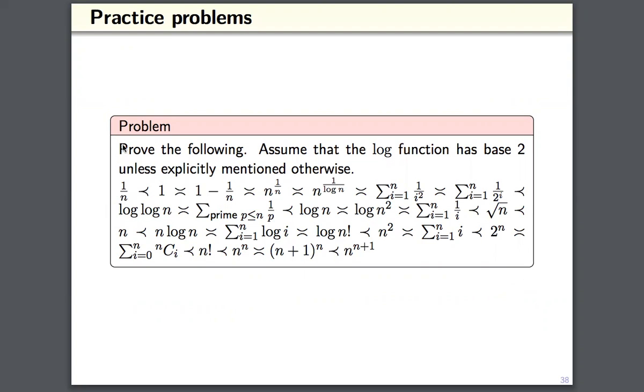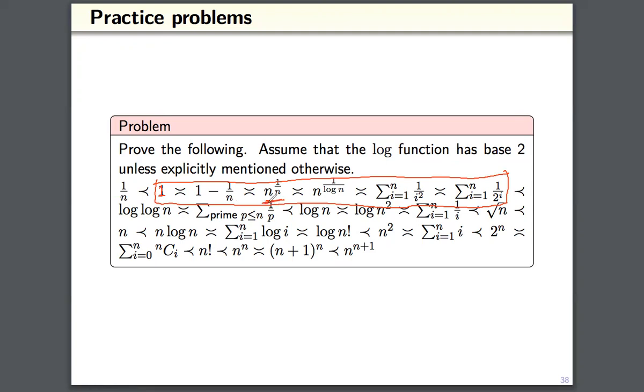See, 1 by n is less than 1, equal to 1 minus 1 by n, equal to n power 1 by n. See, this is beautiful. What this is saying is that 1 is asymptotically equal to 1 minus 1 by n, is asymptotically equal to n power 1 by n.